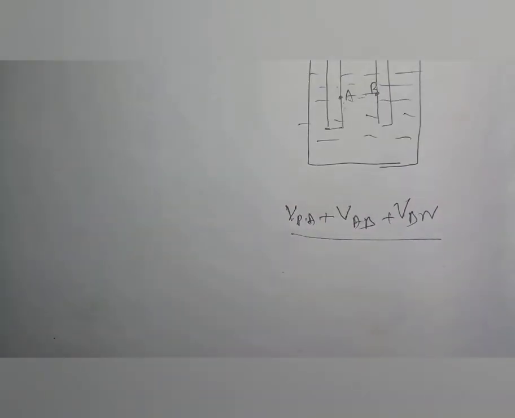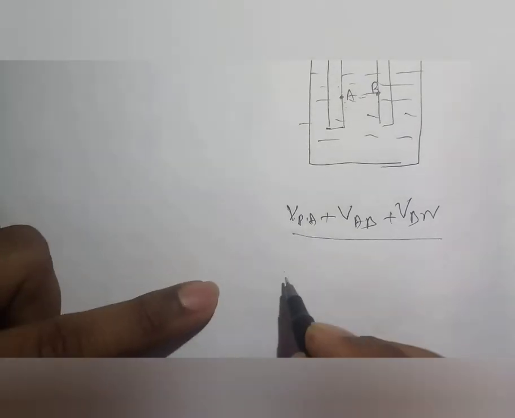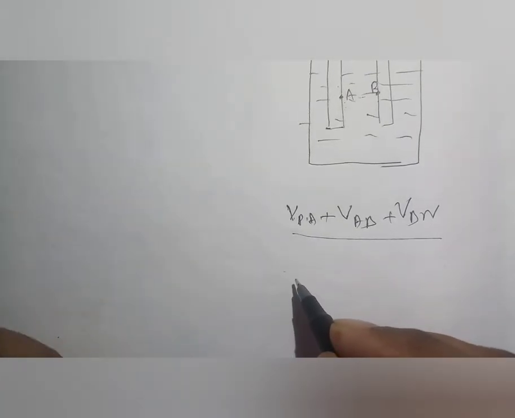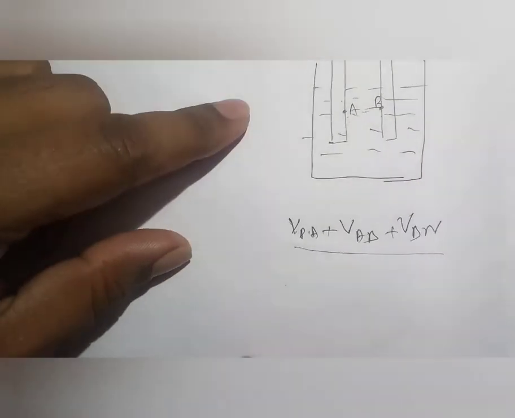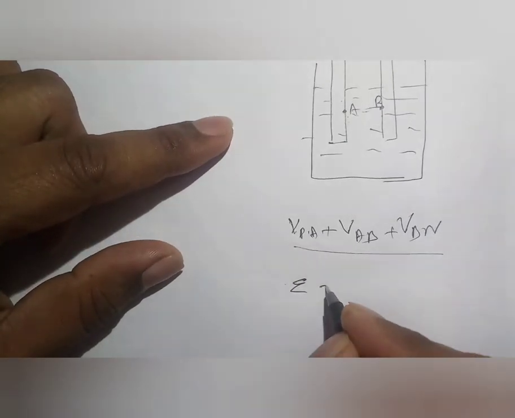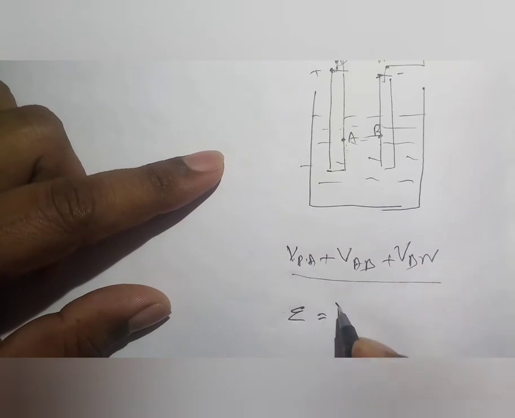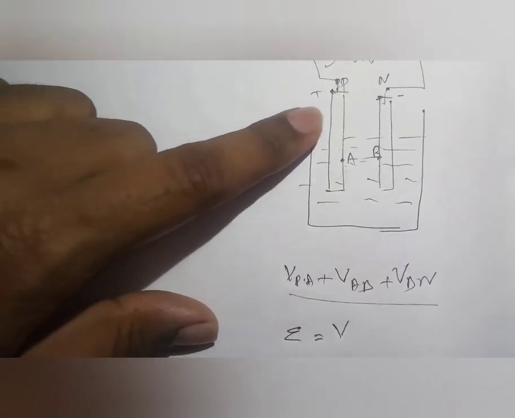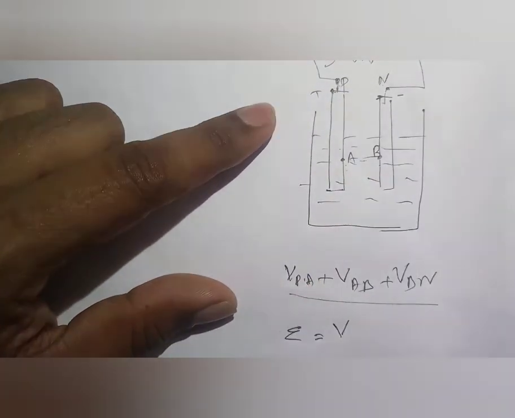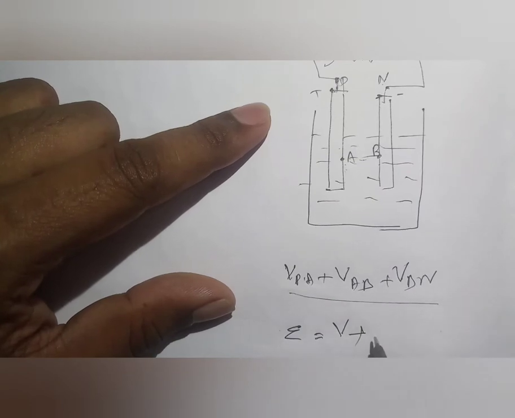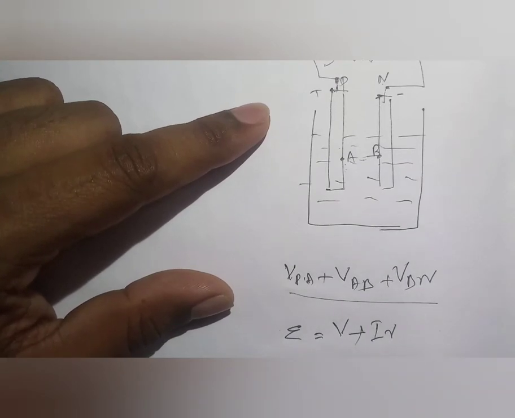Now if you write it as an equation, you see here we can write the equation like this. This total EMF E can be written as V, that is the potential across these two, plus Ir.